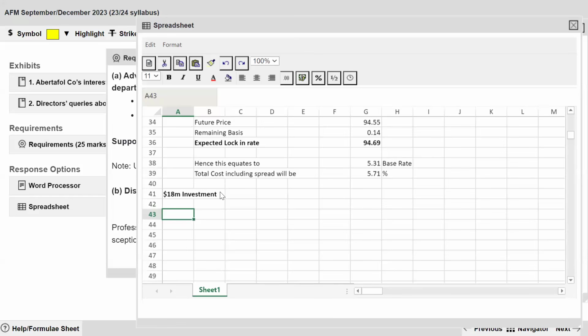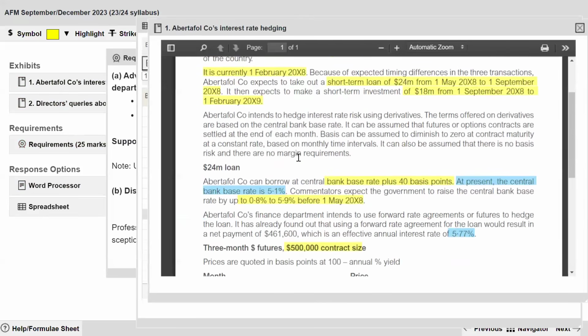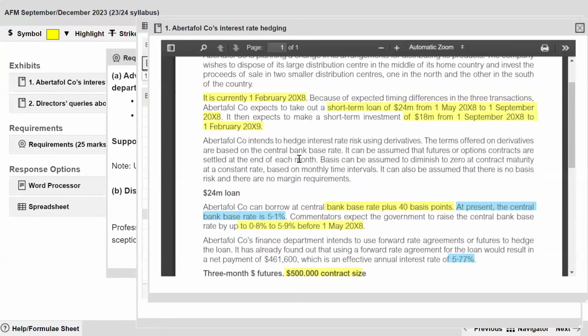Now what next is there? Now when I talk about all of this, I would say: for how long do they need to deposit? From 1st September X8 till 1st February X9.